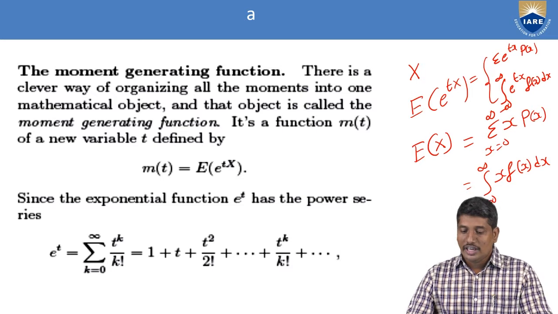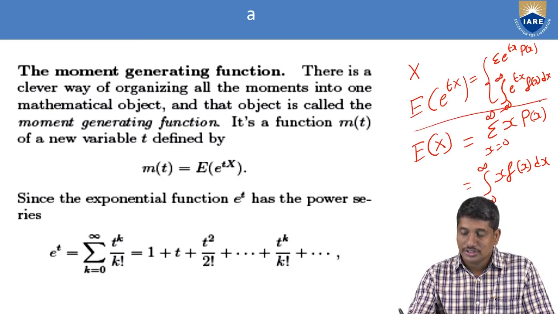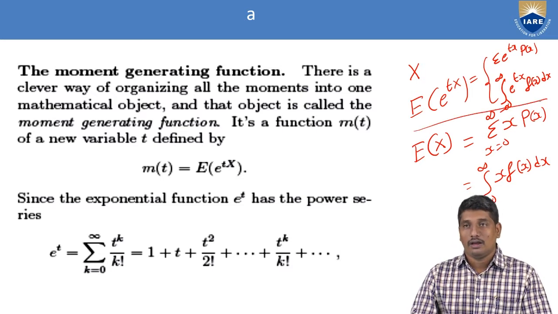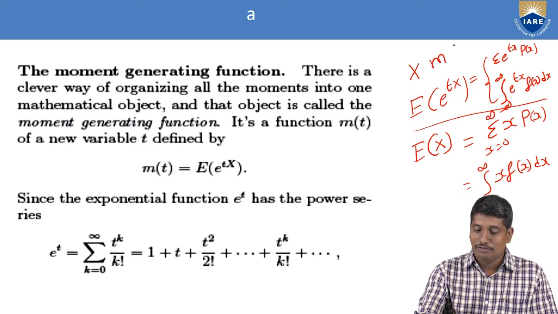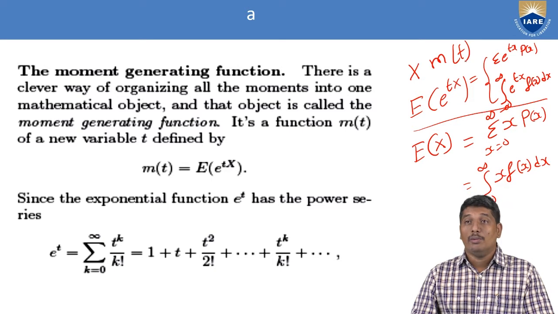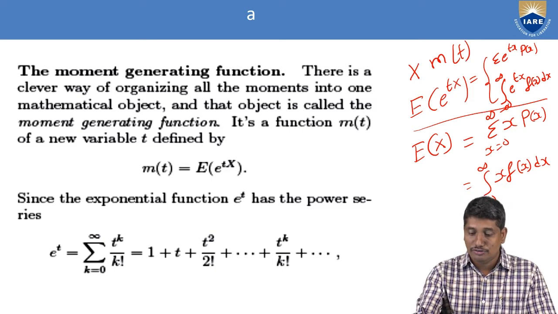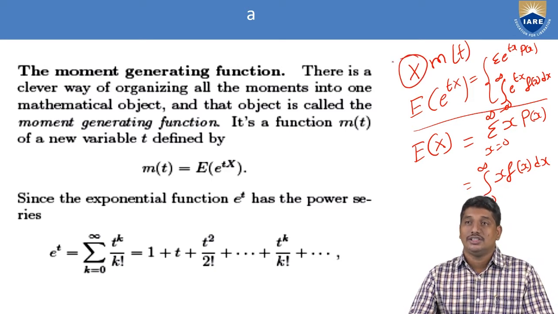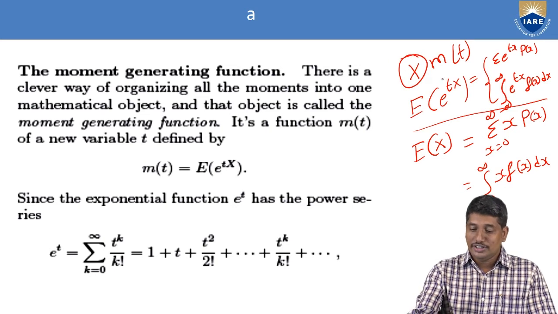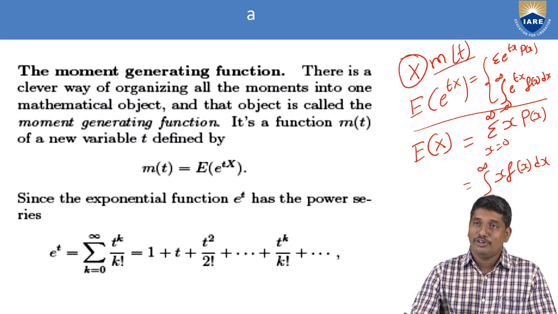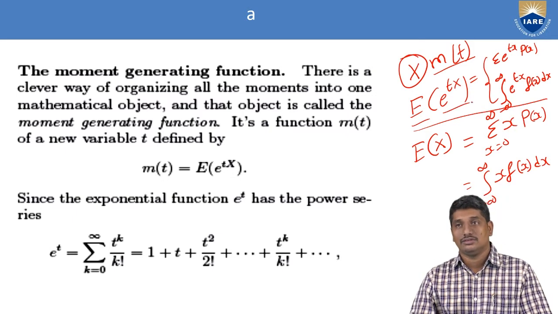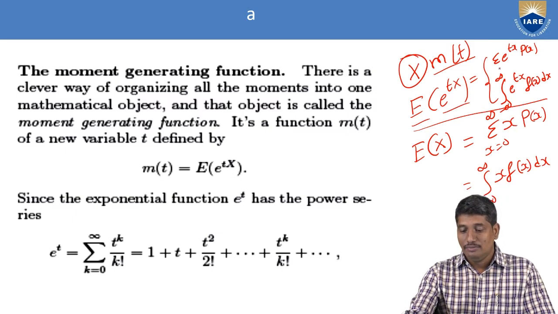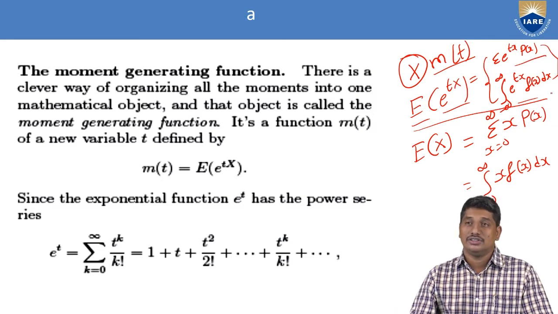When we calculate this expectation, it leads to a function of t, denoted by M(t), which is called the moment generating function of the random variable X. So the moment generating function M(t) is nothing but the expectation of e^(tX), given with the help of these two expressions in the discrete as well as continuous case.